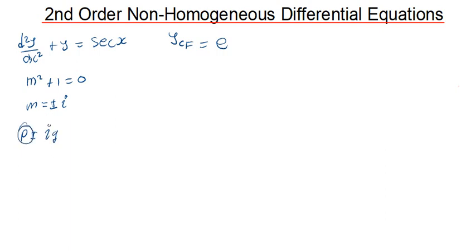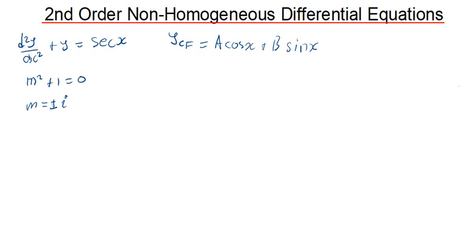Our p is the real part, and we don't have any real part, so that is e to the 0, meaning e becomes 1. So we have a cos x plus b sine x. Why am I saying sine x? We are supposed to multiply by q, because q is the coefficient of i, which is a 1, so we just leave it like that.